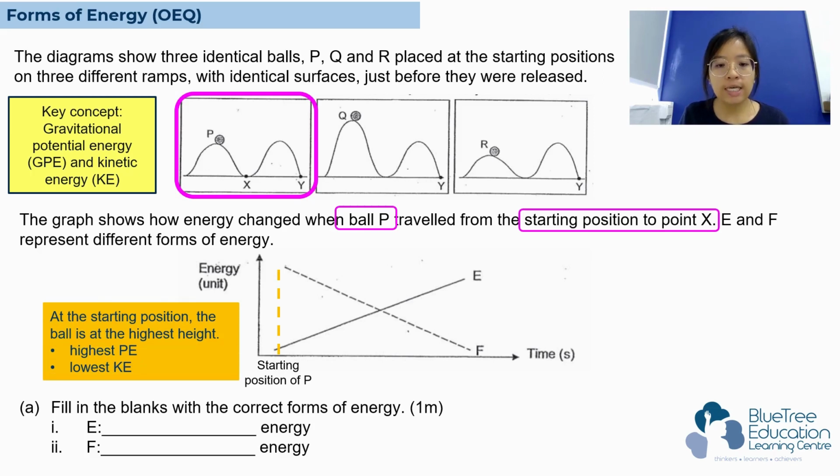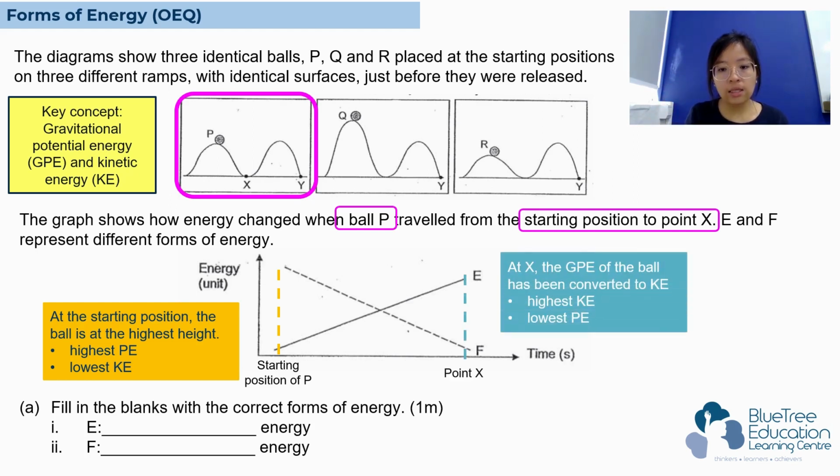Okay, so we see that at the starting position, it is right at the top of what we call a hill. Okay, it is at a high position. So at a high position, it should have high gravitational potential energy. Okay, and it will have the lowest kinetic energy. And as it goes down, at X, the gravitational potential energy would have been converted to kinetic energy.